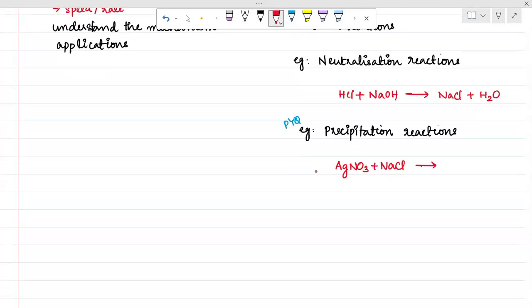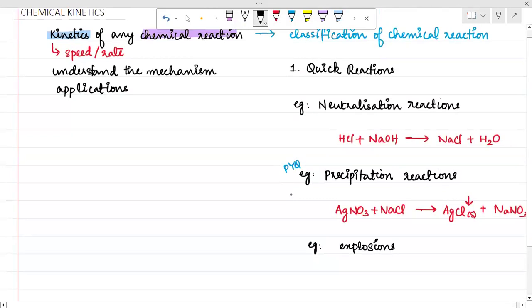You get a precipitate of silver chloride suspended in NaNO3. So this is a precipitation reaction. You notate a precipitate by a downward arrow. This is also very quick. Another general example, explosions. So these are certain examples of very quick reactions.